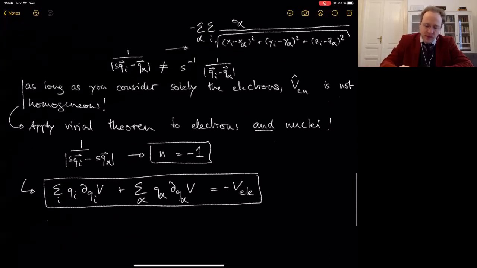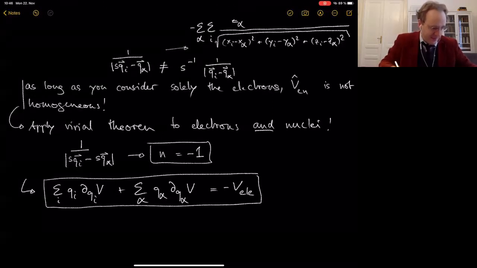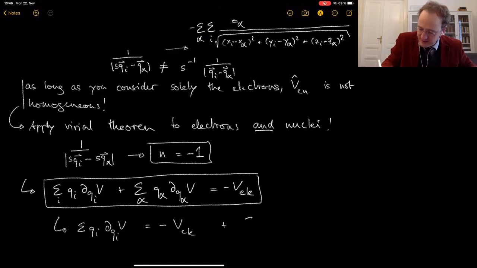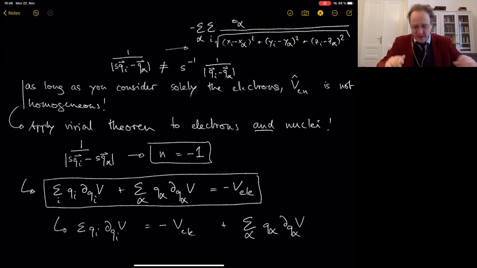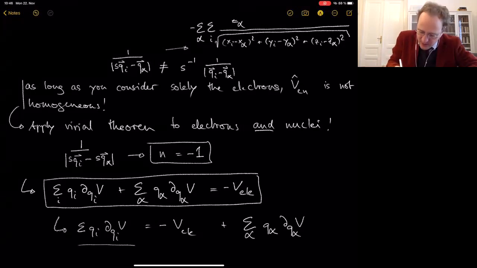Now, we like to rearrange things a little bit. In particular, you can simply shift this to the other side, and then you have the sum of Q_i dQ_i V minus V Euler plus the sum over alpha of Q alpha dQ alpha V. You'll see in a minute why, but what is really the tricky and annoying part, which we wanted to get rid of, is what's here on the left-hand side.